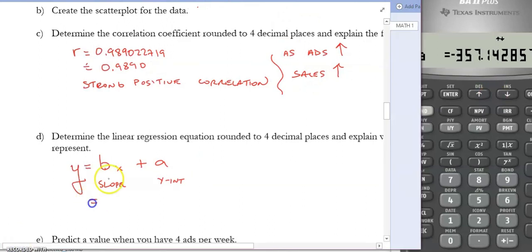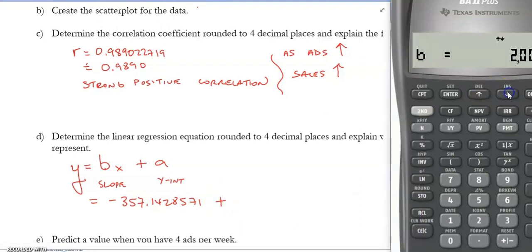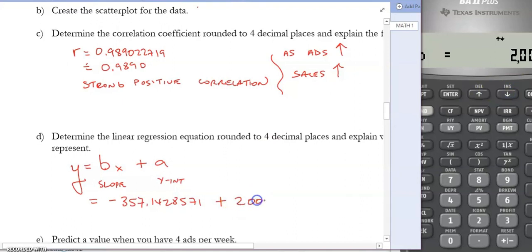So y is equal to -357.1428571 plus 2,000. That was your B. So you put your X, right? So A and B. I changed the order, but as long as we make sure that the X is next to the slope, then everything's fine.